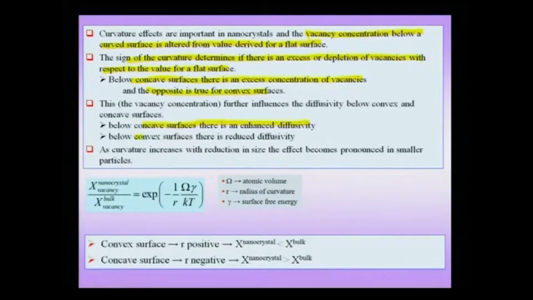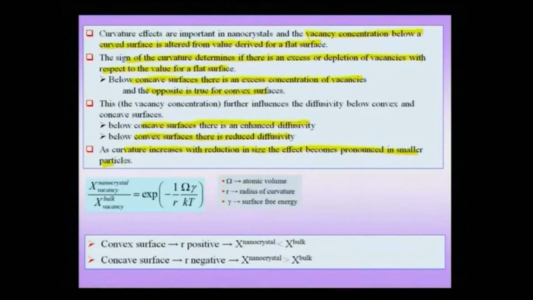For a concave surface, there is enhanced diffusion, because there is an excess vacancy concentration. With respect to the flat surface, the convex surface would show a reduced diffusivity. This effect is dependent on the curvature, and as the curvature increases, that is by the reduction of size, the effect becomes more pronounced, all the more so in smaller particles.